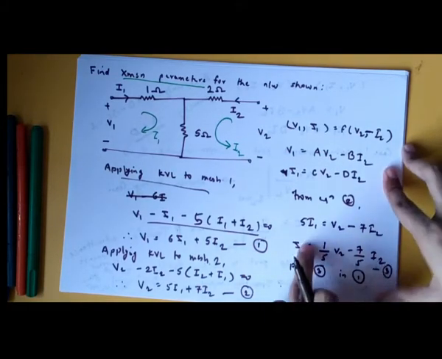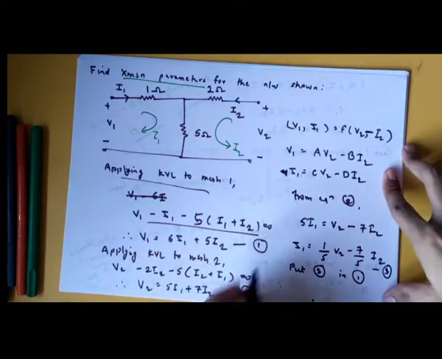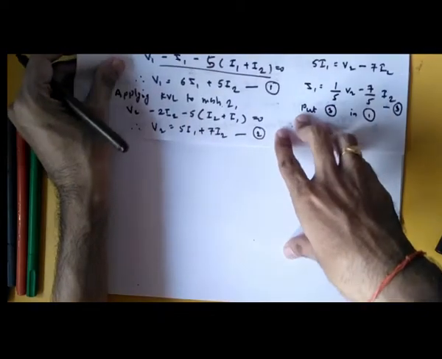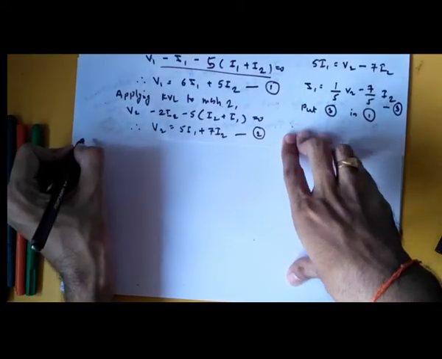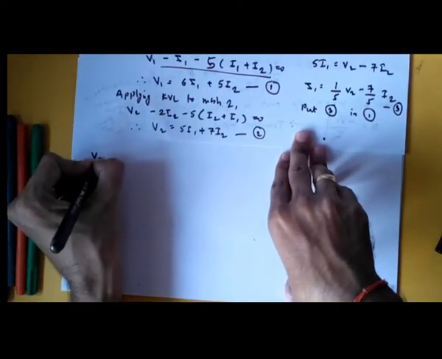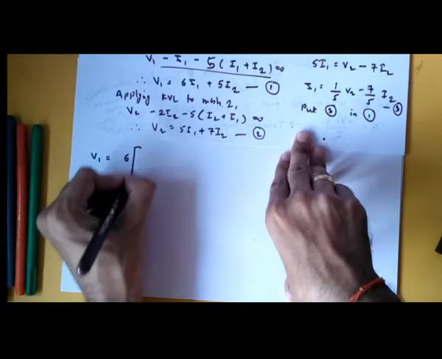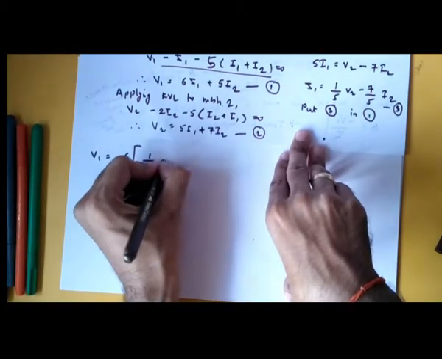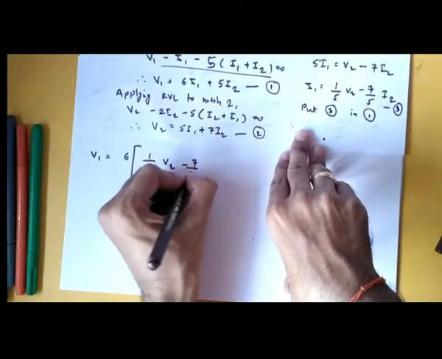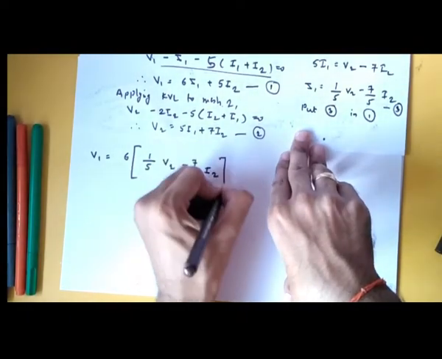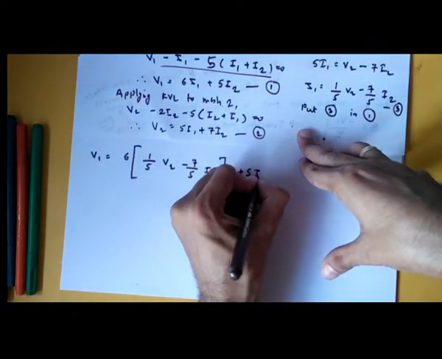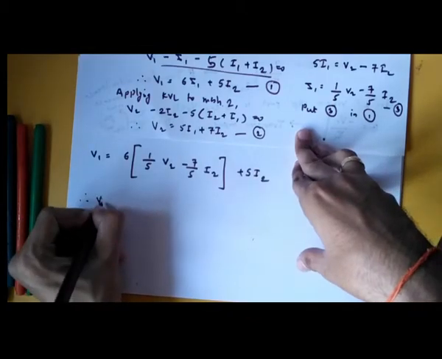Put 3 in 1. I'll take a new page now. So what we'll get? V1 is 6 times 1 by 5 V2 minus 7 by 5 I2 plus 5I2. Just solve this and let's see what we get.